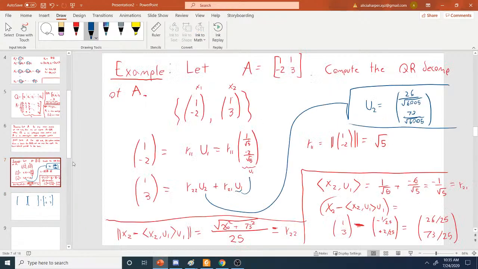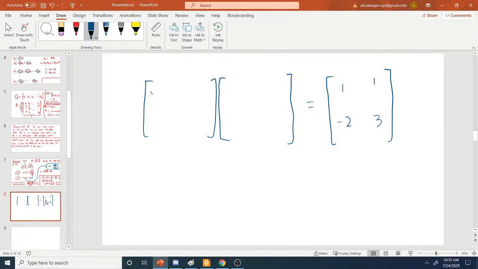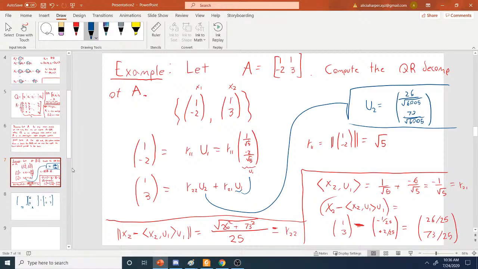So I go back here, I see my R11 here is the square root of 5. So I put that here. Sorry. I put that here, because this is the R, this is the Q. I put a 0 here. And then I see that my R21 is -1 over the square root of 5.